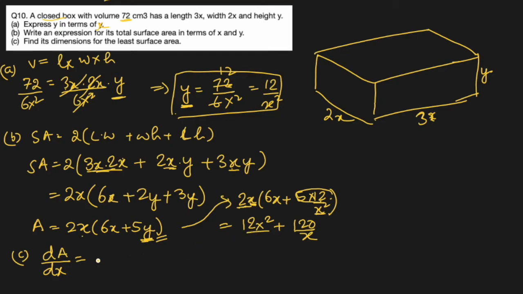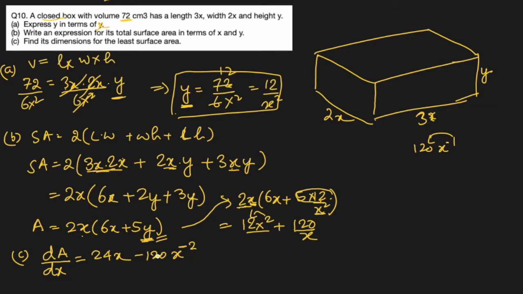Differentiation of 12x² is straightforward: 24x. 2 comes, multiplies with 12, and the exponent of x goes down by 1. Here, 120 over x can be written as 120x^(−1). If we differentiate, this −1 will come and multiply with 120, we get −120, and the exponent of x goes down by 1. So −1 − 1 is −2.